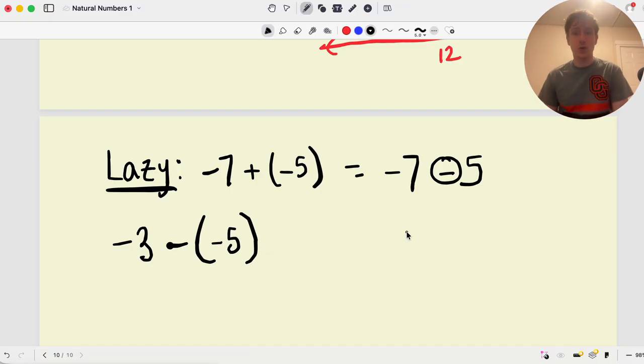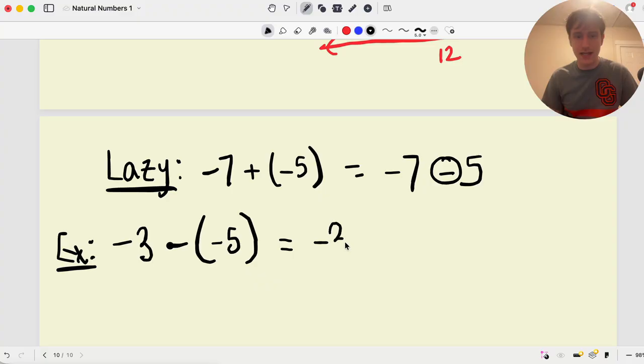Maybe from grade school you memorized, oh, a negative negative is a positive. Really think about what you're doing here, though. What I'm really saying is I want to take negative 3 and add to that an anti-5.